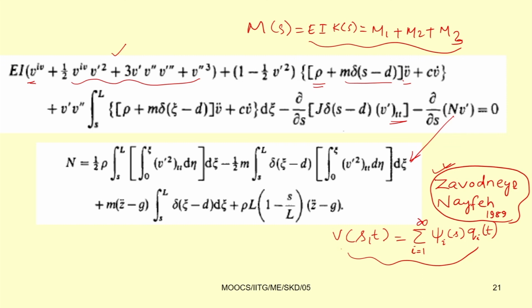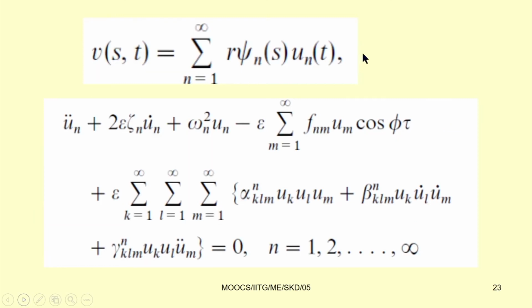For example, you can write down the equation of motion in this form: u_n double dot plus 2 epsilon zeta_n u_n dot plus omega_n square u_n minus epsilon, sum over m equal to 1 to infinity, f_nm cos phi tau, plus epsilon, sum over k, l, m equal to 1 to infinity, alpha_nklm u_k u_l u_m plus beta_nklm u_k u_l dot plus gamma_nklm u_k u_l double dot. Here u_n is a function of time only.